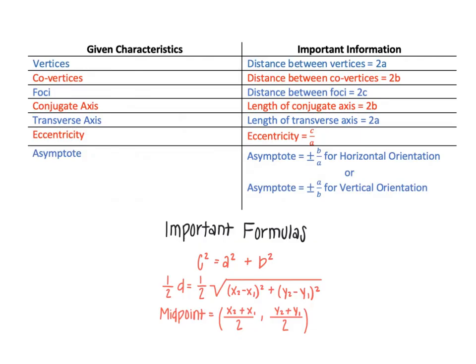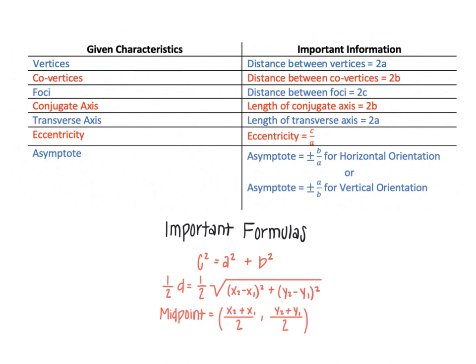Okay, this slide is extremely informative, and the reason why I put it together is because there is no possible way for me to go through all of the different types of problems that you can expect when you're working with hyperbolas. So basically I created a table where on one side you have your given characteristics, and on the other side you have the important information that you can get from that characteristic.